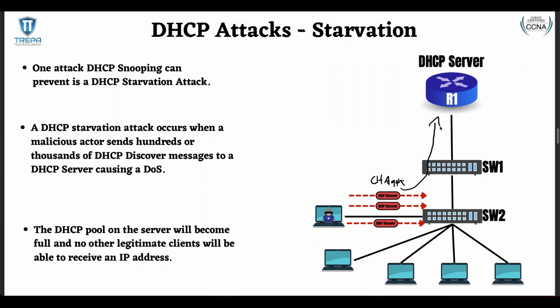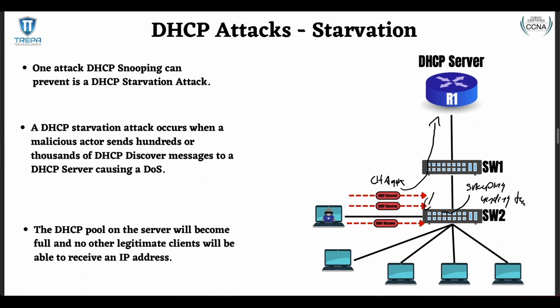Now you may be wondering, how does DHCP snooping protect against this if an untrusted port allows that? If this is untrusted, which is how it's supposed to be for clients, what's stopping it? Well, part of that DHCP snooping inspection, when it inspects DHCP messages inbound, is that it's also going to check something called the DHCP snooping binding table.